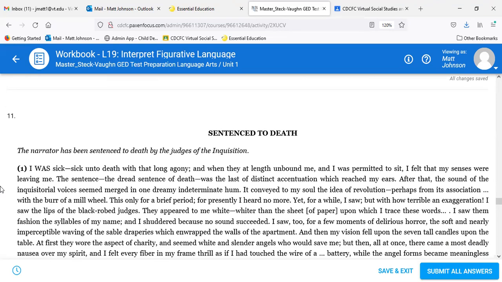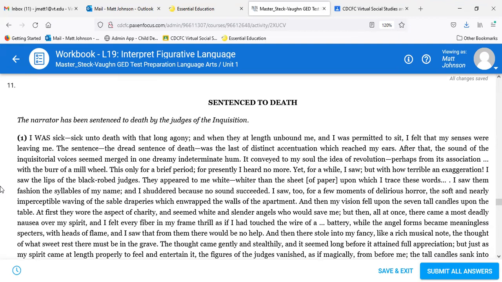After that, the sound of the inquisitorial voices seemed merged in one dreamy, indeterminate hum. It conveyed to my soul the idea of revolution, perhaps from its association with the burr of a mill wheel. This only for a brief period, for presently I heard no more.